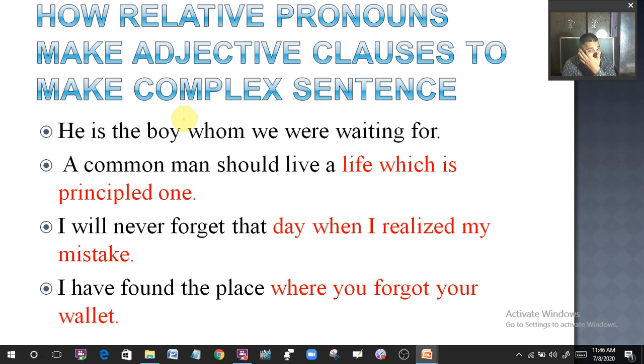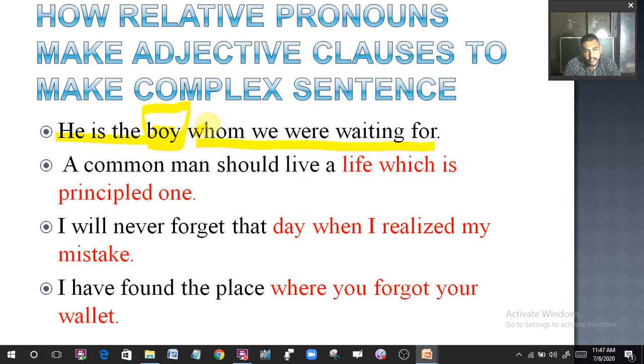Now you see the first example: he is the boy. We are talking about this boy, which is a noun. He is the boy whom we were waiting for.